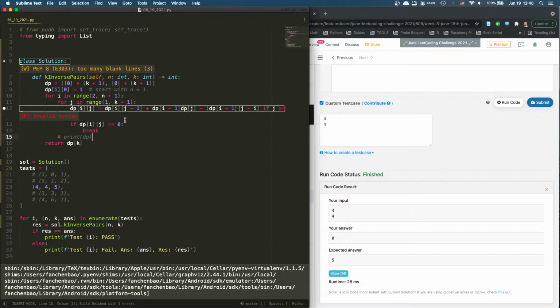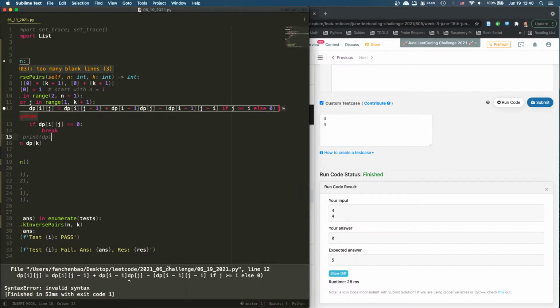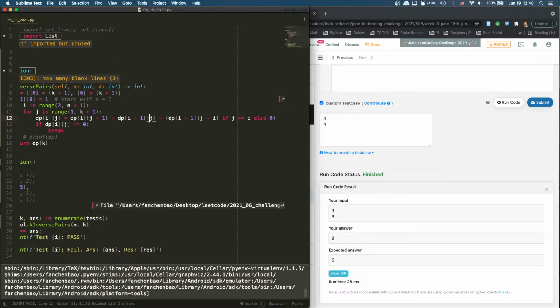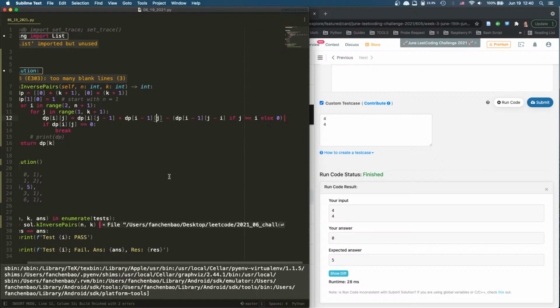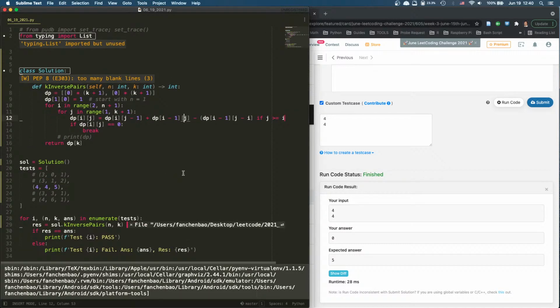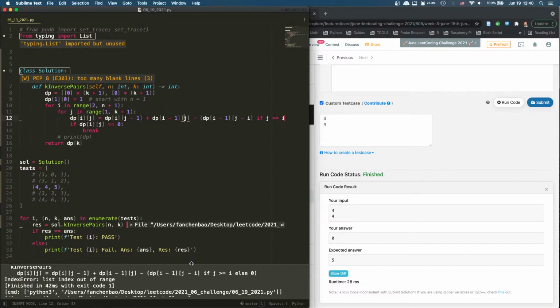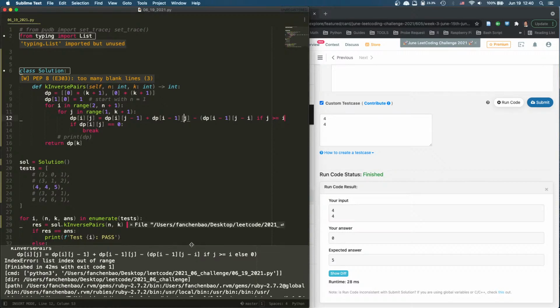We have invalid syntax. Where? What was wrong? Oh, we have 2 dp's. What's the problem this time? Index out of range. How does index out of range?